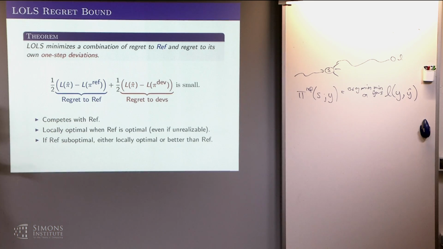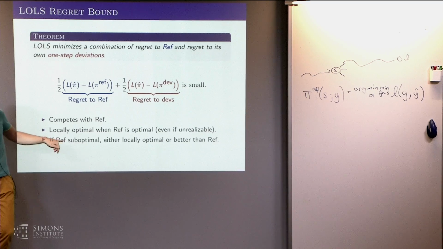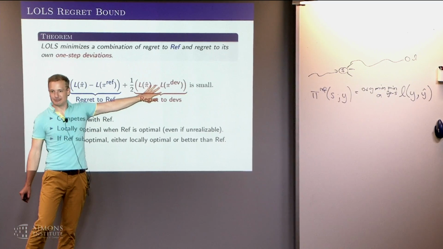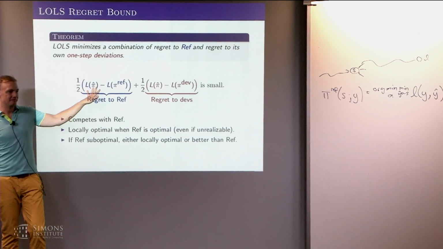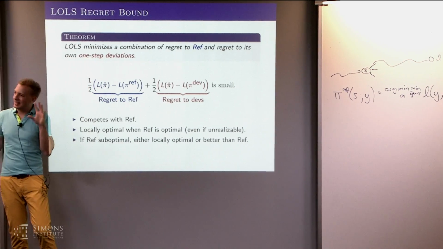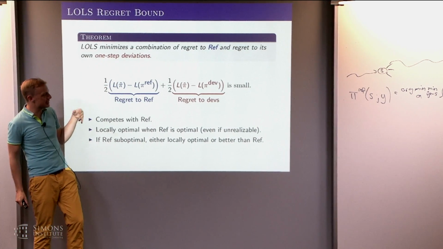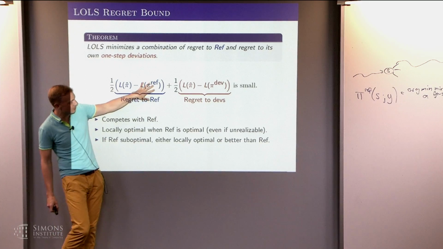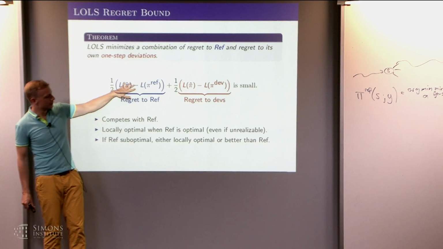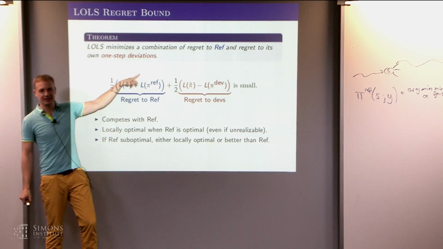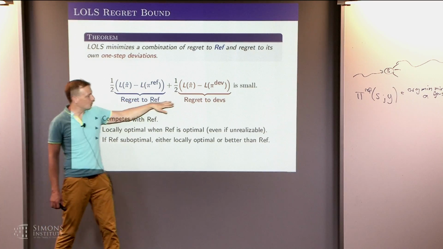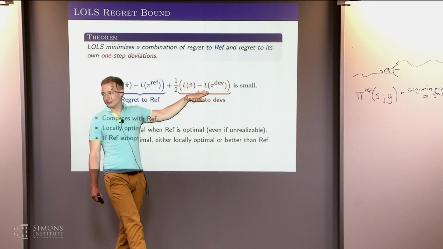And the third thing is that if ref is suboptimal, which is the case that we care about, then one of two things happens: either we're locally optimal or we're better than ref. This is not super clean, but basically in the case that we care about, we either improve substantially on the initial policy or we're at least locally optimal.